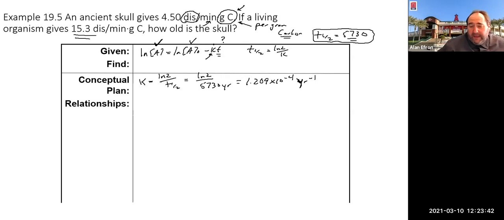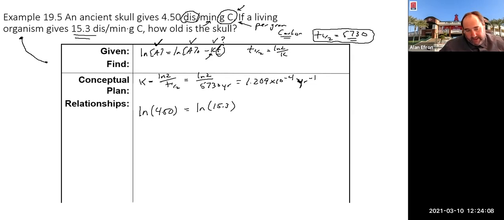All right, so now that we have this, we can solve for t. In this case, we're going to go with the natural log of 4.5, our final rate, is equal to the natural log of our initial rate, which is a larger number. Again, this is radioactive decay, which means what we start with should be higher than what we end with.